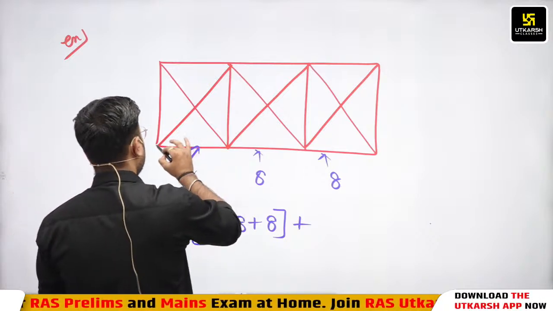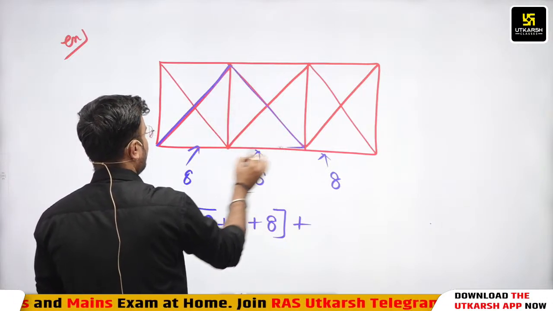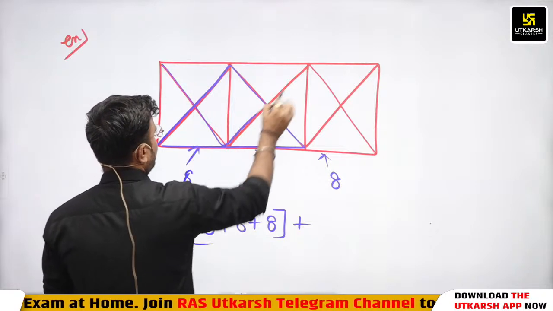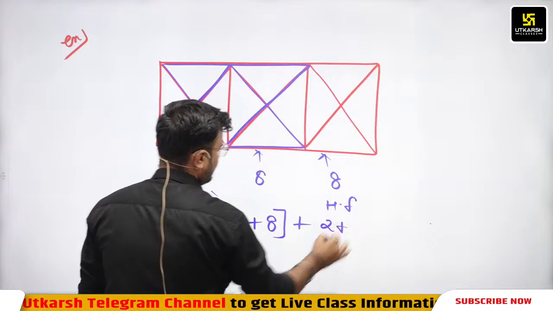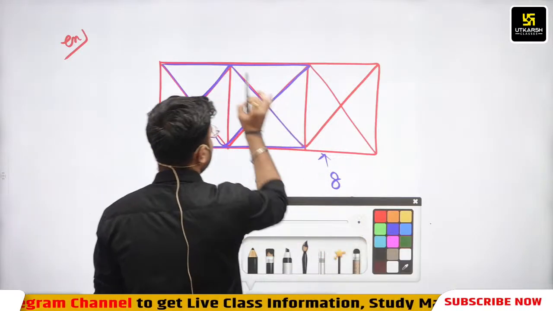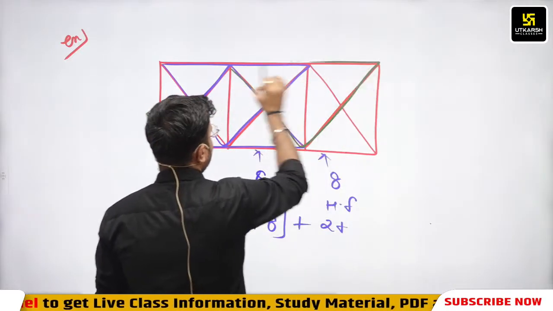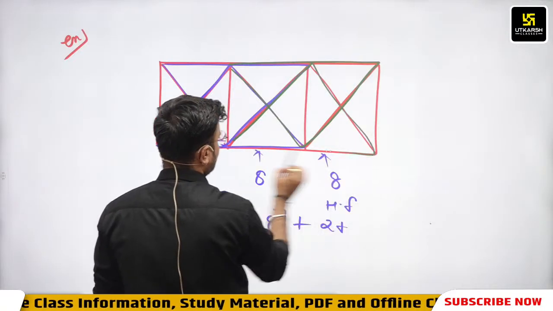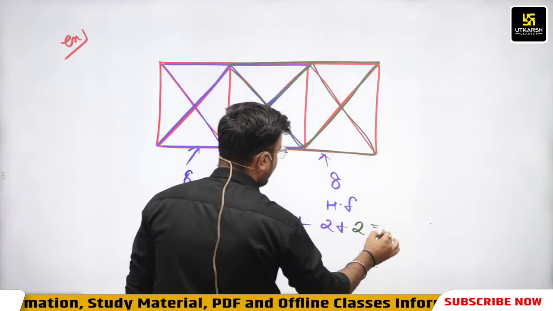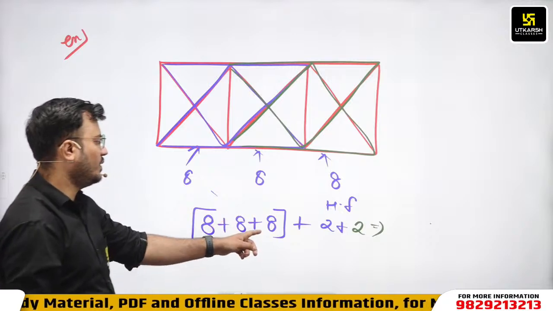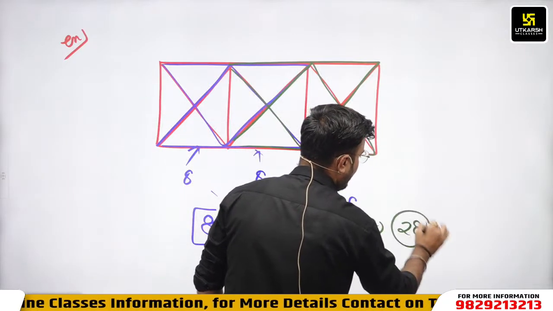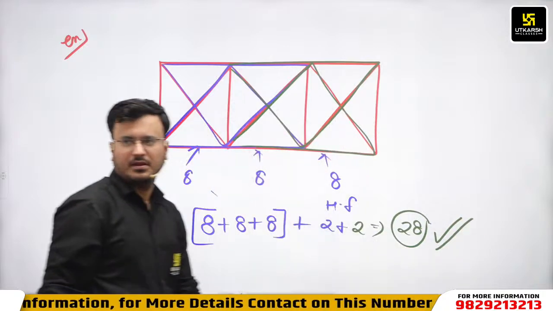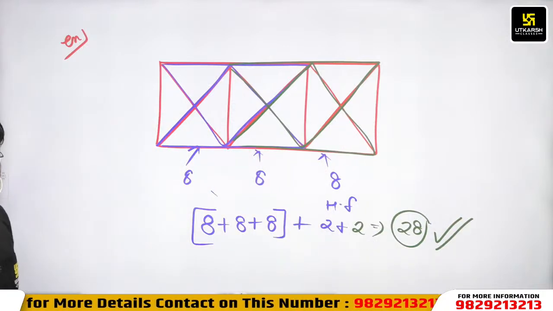Now you are able to see the first and second, 2 hidden figures, and similarly 2 more hidden figures. First one is this and second one is this. So total 4 hidden figures are there. So 24, 26 and 2, 28. Total 28 triangles are there.